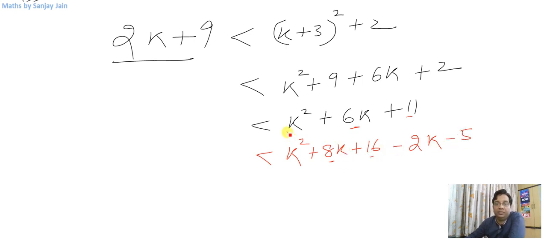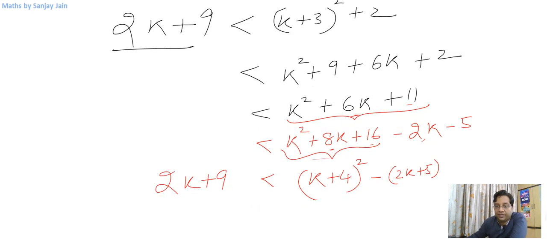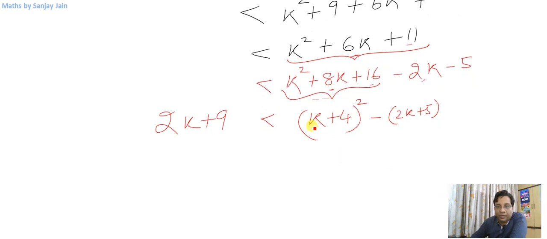Now if you see, this expression and this expression are same expressions, right? Now let us see. This first part, or this quadratic, is nothing but k plus 4 squared, and minus you have 2k plus 5 here. So this 2k plus 9 is lesser than k plus 4 squared minus something.